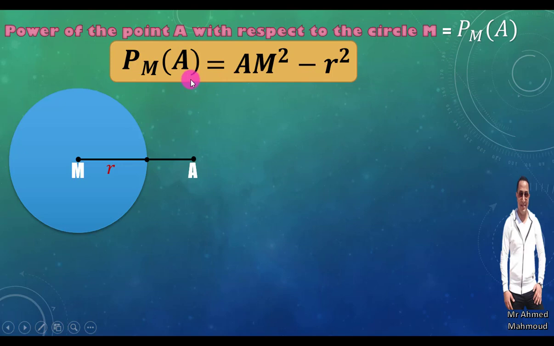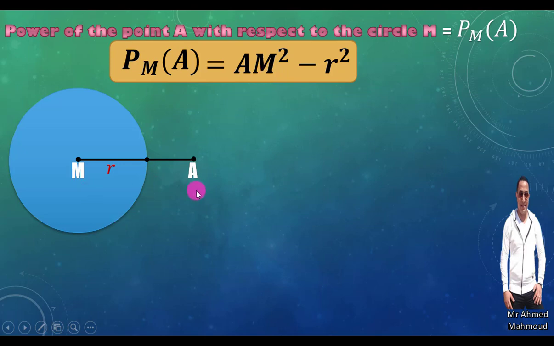By looking at this, you see that AM squared minus R squared may be positive, may be equal to 0, and may be negative. This depends on the length of AM and R. If AM is greater than R, in that case the value is positive, and if AM equals R, the value equals 0, and if AM is smaller than R, in this case the value is negative.